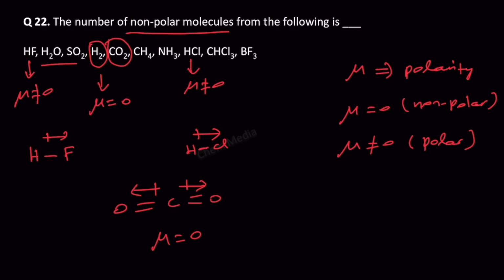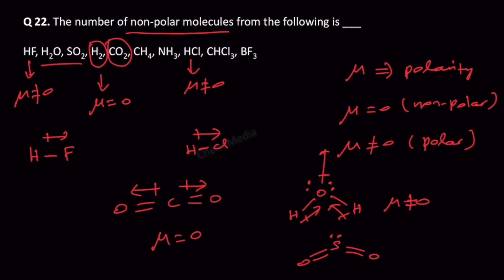In H2O and SO2, they are not linear molecules. So therefore, we will have dipole moments in those molecules. In H2O, this is the molecule. So there will be a net dipole in this case, in this direction. So therefore, the dipole moment for water is non-zero. Likewise for SO2 also, because SO2 is slightly bent because of lone pair bond pair repulsion.